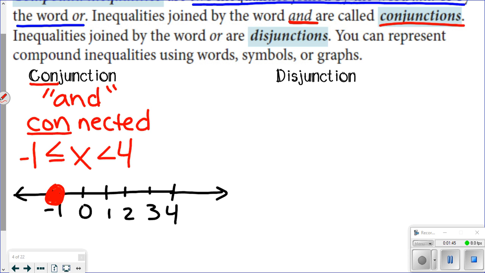I put another circle at 4. This time I'm going to leave it open. And notice my x is in between these two numbers in this compound inequality, in this conjunction. So x is greater than or equal to -1, so we would be shading this way. And x is less than 4, so we'd be shading this way. So we're shading in the middle to connect here.